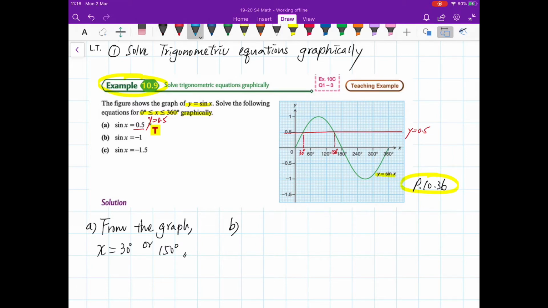So similarly for part B, this time I will use a blue color. So this time sine x equals -1. So I underline -1. And we know that this time we have to draw the line y equals -1. Okay, so again, on the graph, I will draw a line y equals -1.